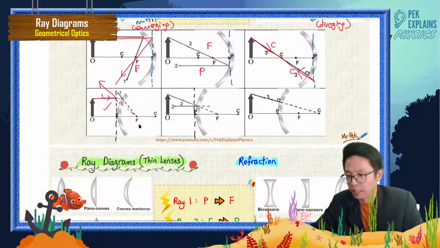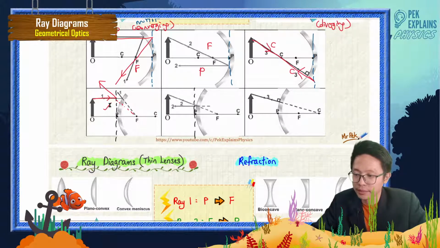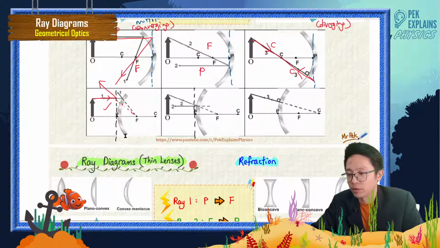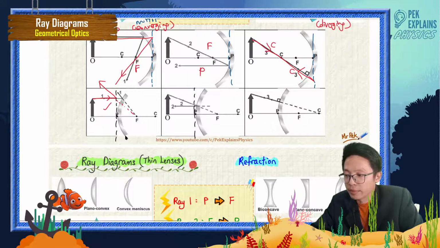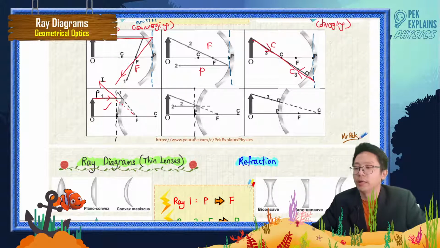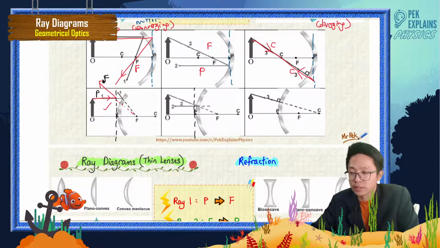Similarly, I want you to draw like that. The first ray is parallel, and then it diverges from the focal point. It's not converging, it's diverging.